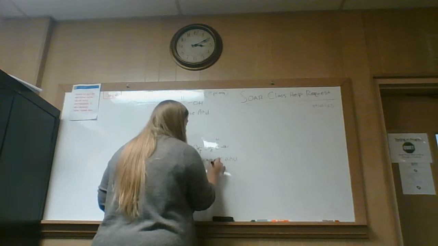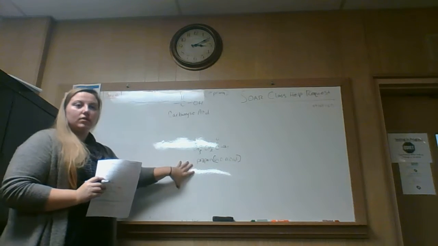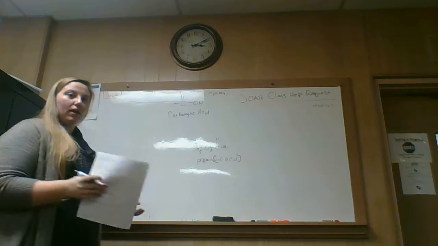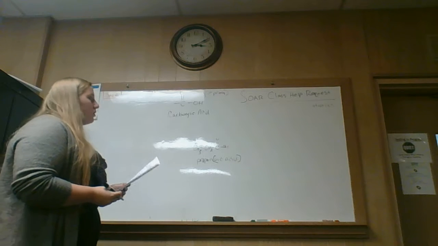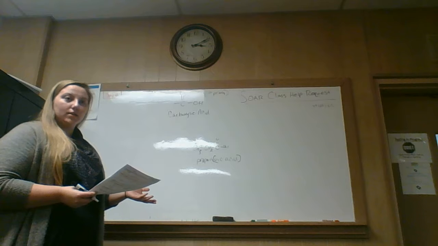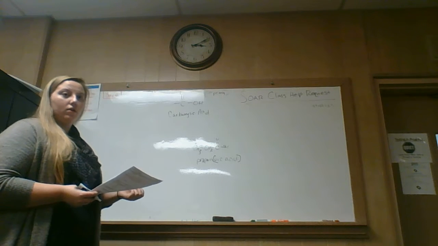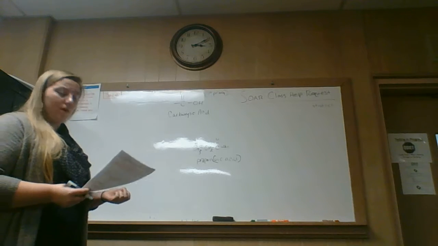So with IUPAC, the ending is oic acid, and everything else is the same as how you would name a normal alkane. You're just changing the ending. Do we have to say where the carboxylic acid group is? Not unless... No, it's terminal. It's terminal, so it's always going to be 1, always.